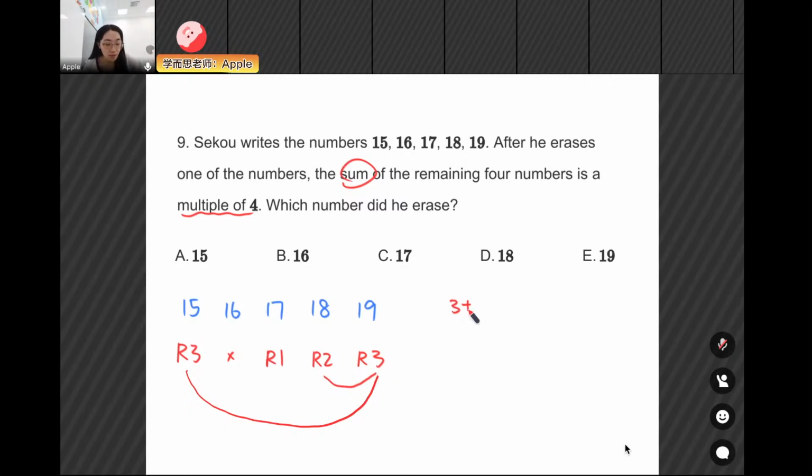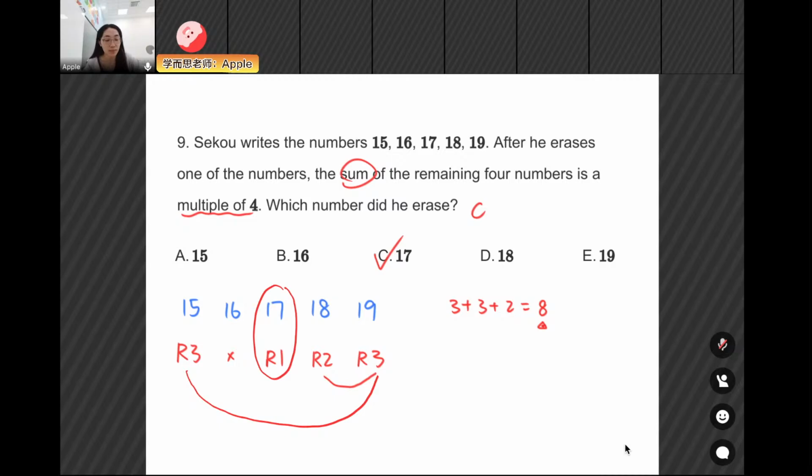Well, you see that for this remainder, we have 3 plus 3 plus 2, which is 8. Is it divisible by 4? Yes, right? 8 divided by 4 is 2. So which one will be the actual one? The actual should be 17. So that is why we get the answer, that is 17.